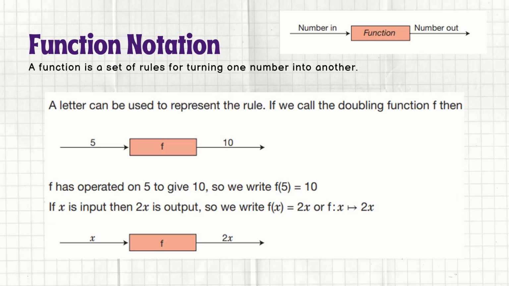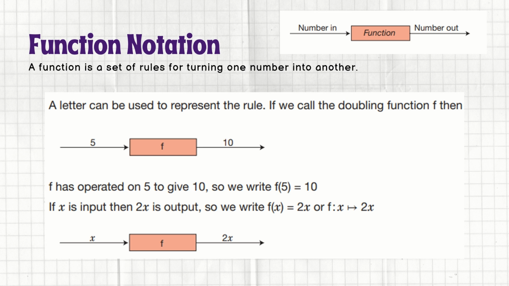So a letter can be used to represent the rule. If we call the doubling function f, then if we put in 5 to the function, it will produce 10.